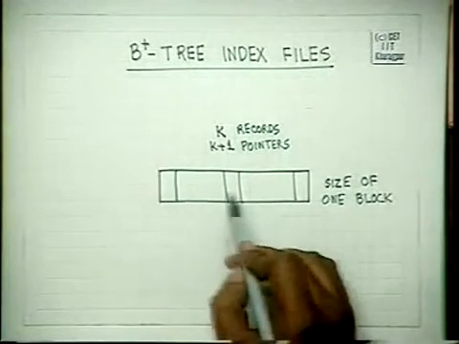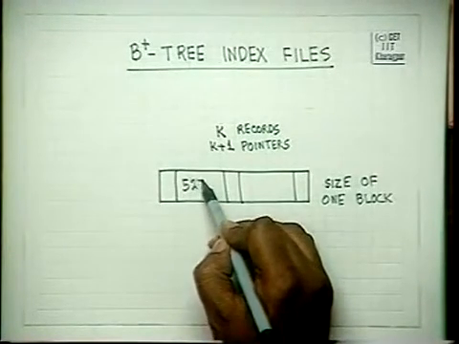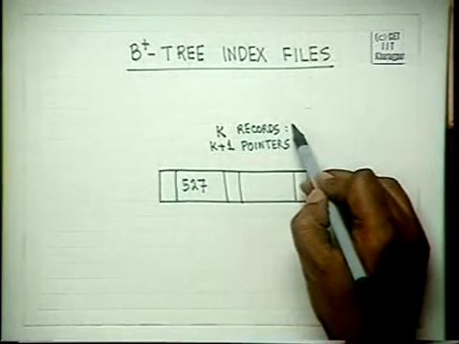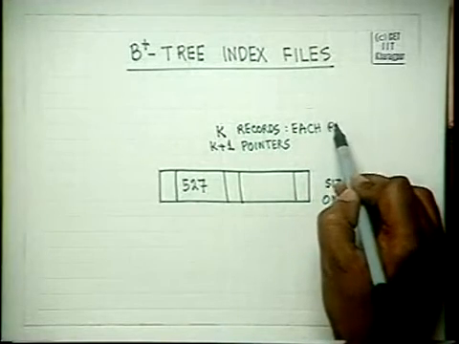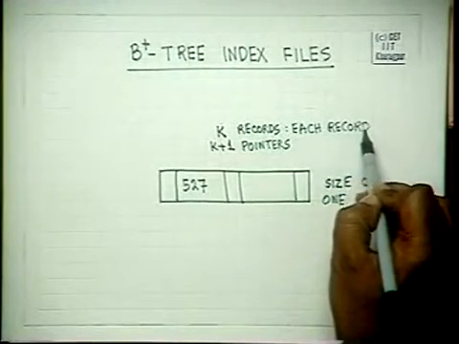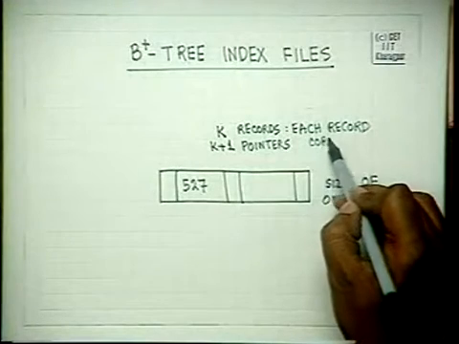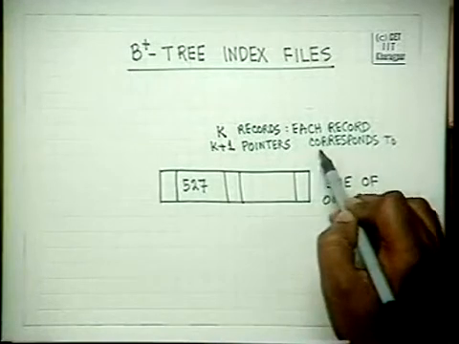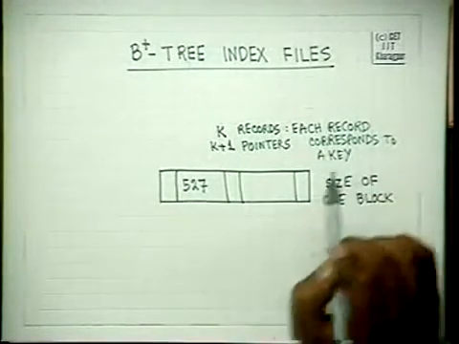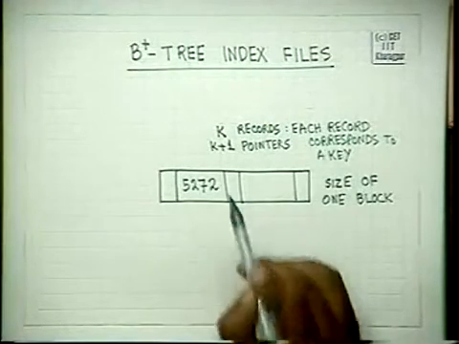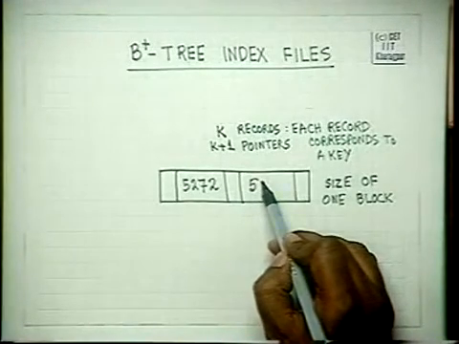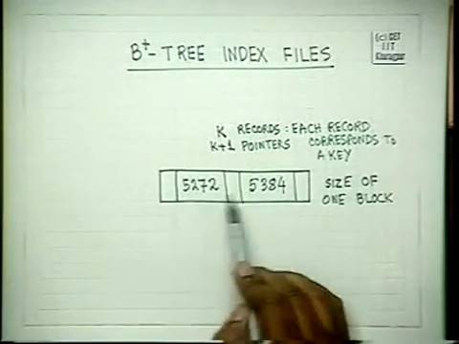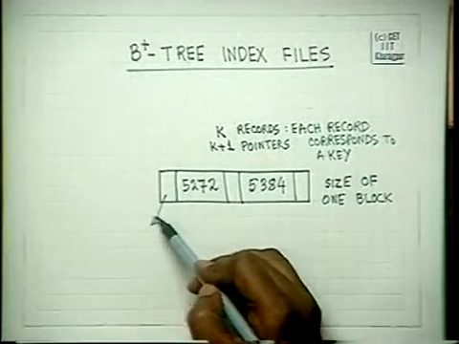For example, here we have got these records. K records means each record corresponds to a key attribute. Suppose we have got accession number. And here we keep two such accession numbers and 3 pointers.